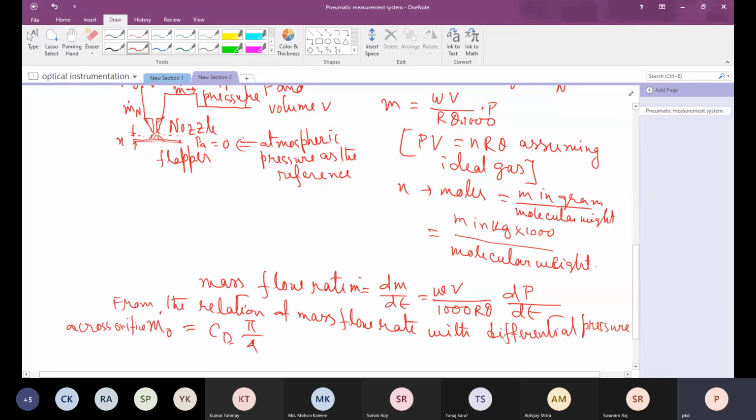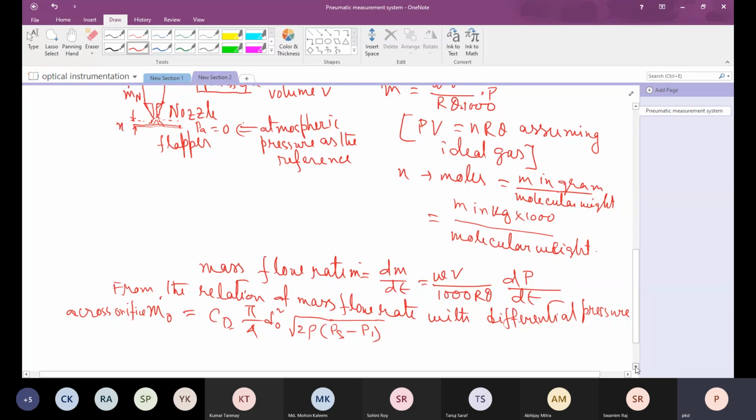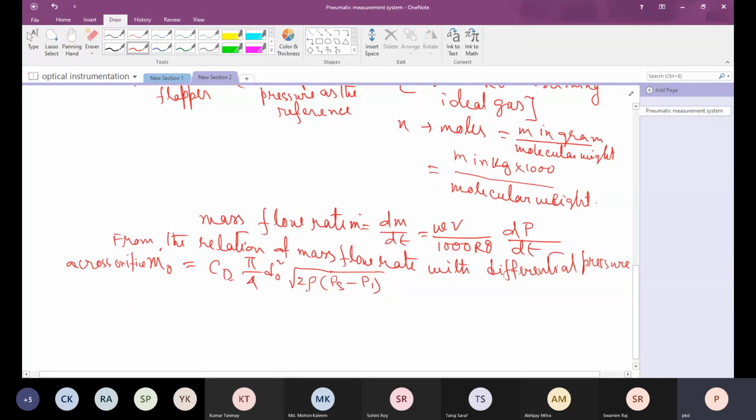discharge coefficient multiplied by pi by 4 d0 square, where d0 is the diameter of the constrictor, and it is square root of 2 rho, then the differential pressure term PS minus P. If the density remains same, rho will come outside, root 2 will also come outside.